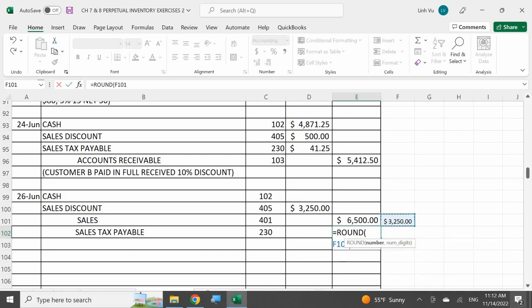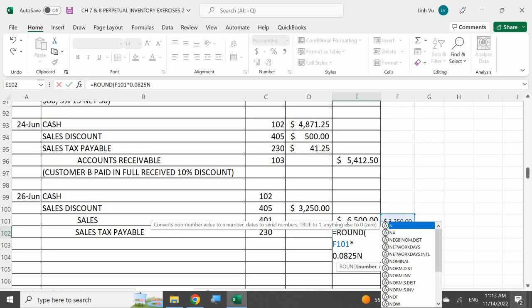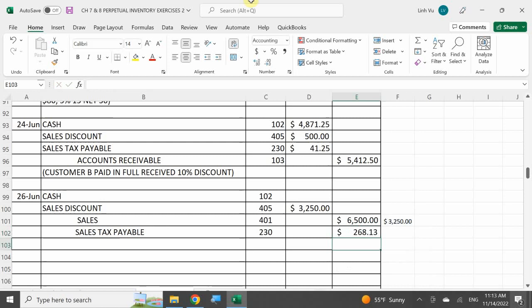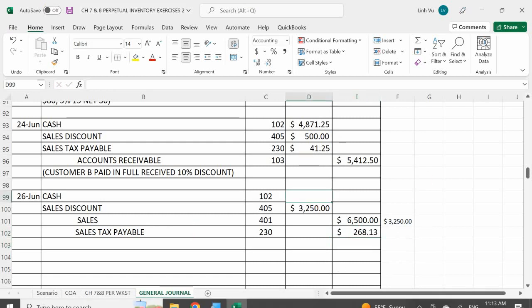So again, you're going to be charging tax on the discounted price, because this is an in-store discount. You're discounting at time of purchase or at time of sale. So again, round that tax, and you should get $268.13.